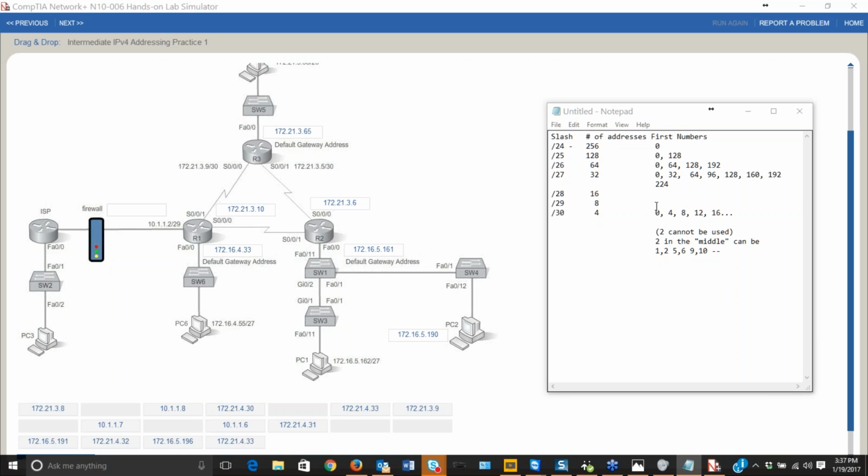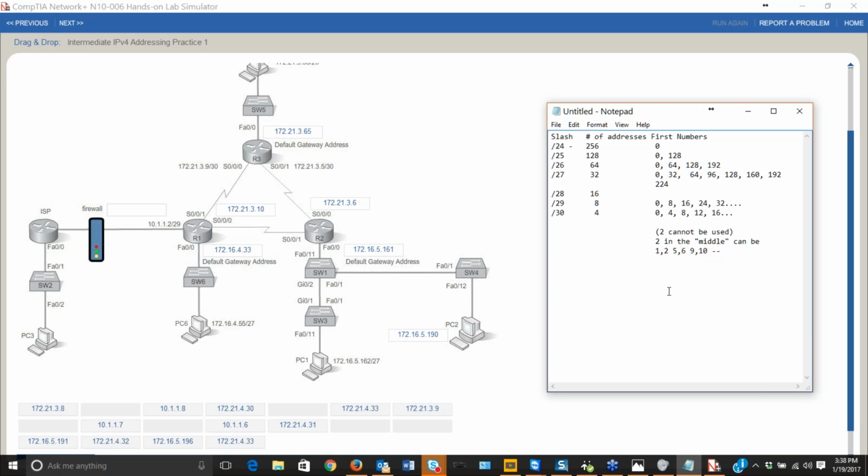So going kind of step by step here. All right. So for your 29th, let's just go with the numbers here. I'm not going to do all of them, obviously, but I'll just go and put in the first few here. So we've got 0, 8, 16, 24, 32, and that goes from there. Okay. So I'm looking at this firewall. The address is in between 0 and 8. So what's the actual range of addresses for that? 0 through what? Remember, these are first numbers of each subnet.